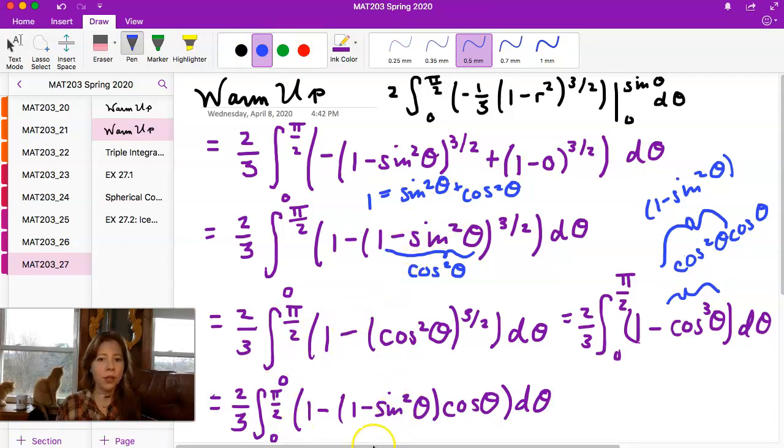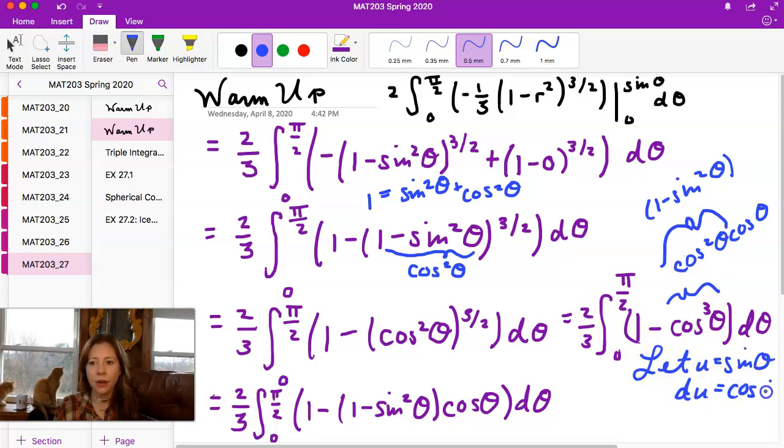And so what we're going to do is let u be equal to sine theta. Right, so then that way du is equal to cosine theta d theta. Our end goal here was to cancel out this cosine theta. And so d theta is going to be equal to du over cosine theta.